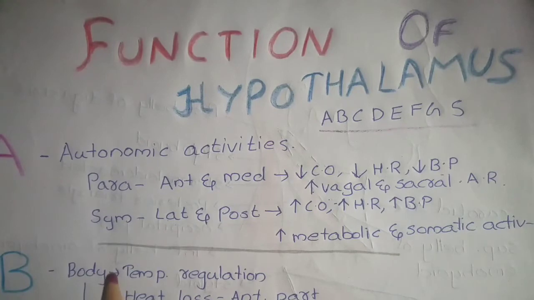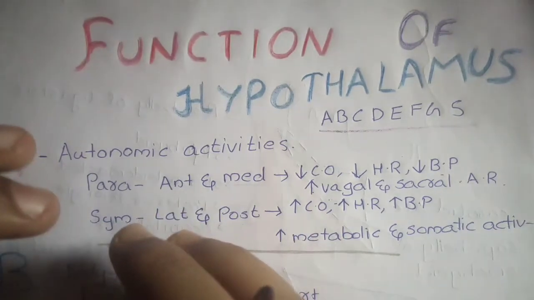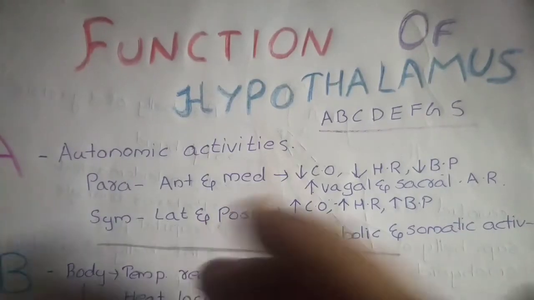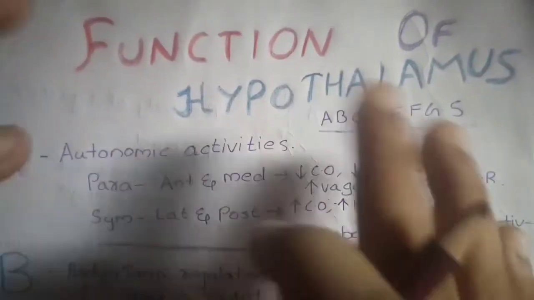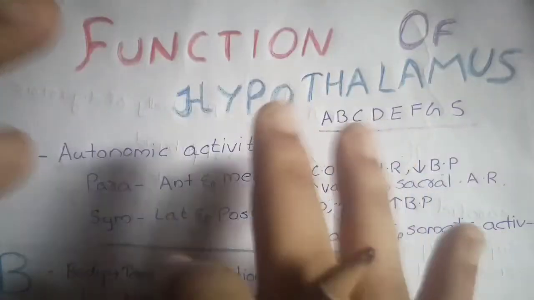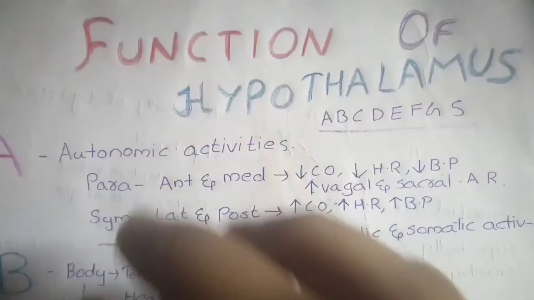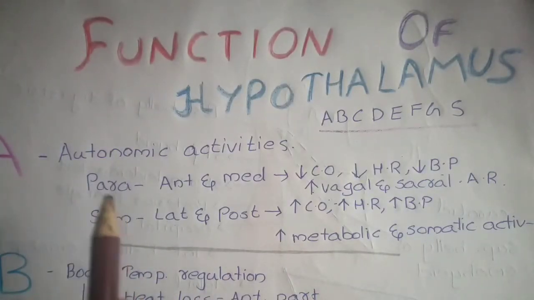If you have heard about parasympathetic and sympathetic activities, the first thing that comes to your mind is what teachers usually ask: what will you do if you see a ghost or a snake, anything like that? It's a flight and fight response. Let's briefly discuss parasympathetic and sympathetic activities.